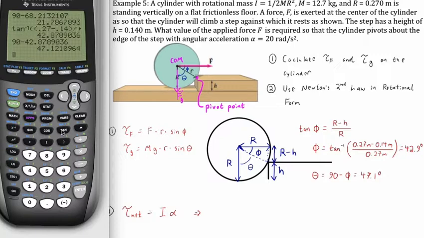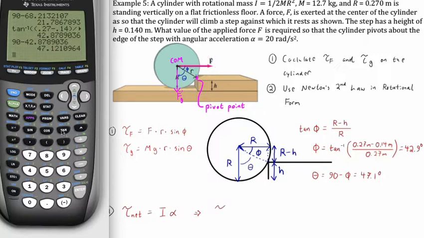Positive torque is defined as a torque that creates a counterclockwise rotation. So gravity wants to create a counterclockwise rotation relative to this pivot point, whereas the external force wants to pivot the ball in the clockwise direction.